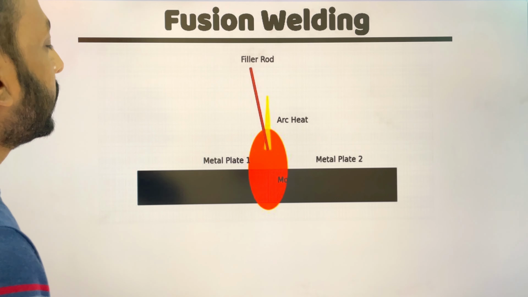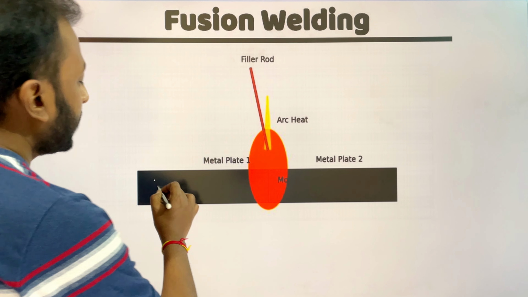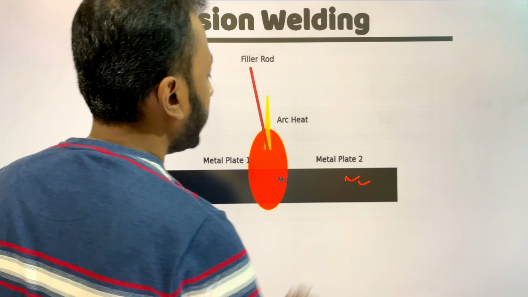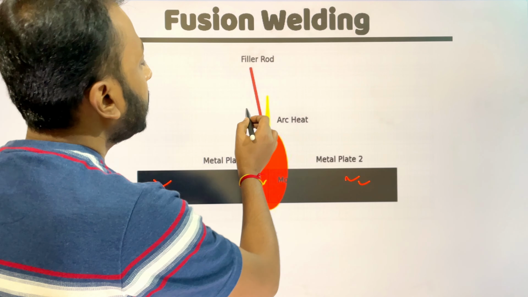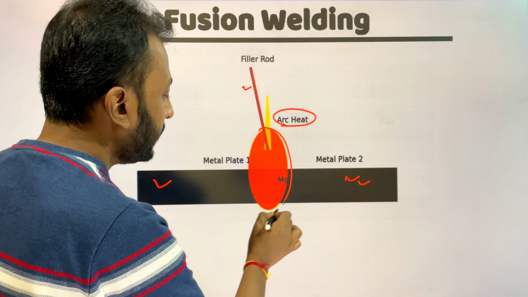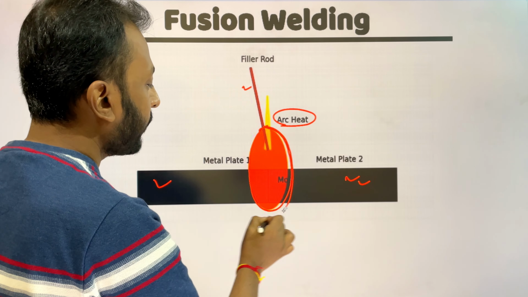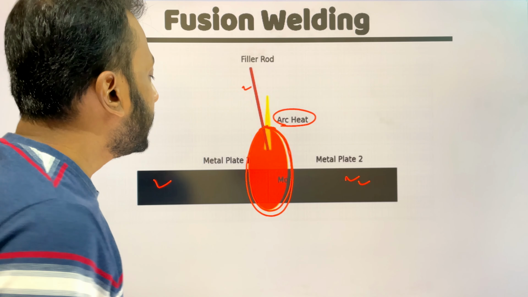So this is the figure of the fusion welding process. Here we can see this is metal plate 1 and this is metal plate 2. These are the two parent metals, and this is the filler rod and this is the arc heat. This portion is getting heated. This is the flame, and this flame provides us the heat energy.